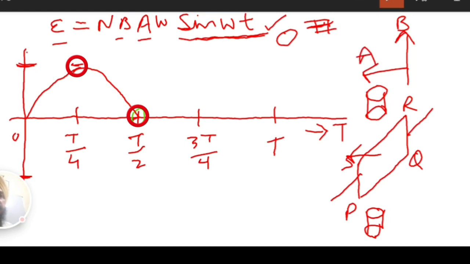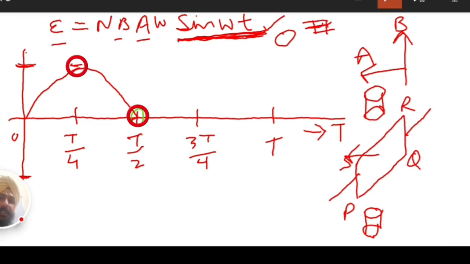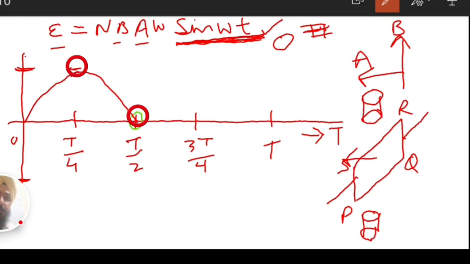So if both are perpendicular, we will have sine omega t at its maximum value, but in the opposite direction. So here the current changes its direction. So therefore, our graph reaches the lower position, giving the maximum induced EMF in the opposite direction.